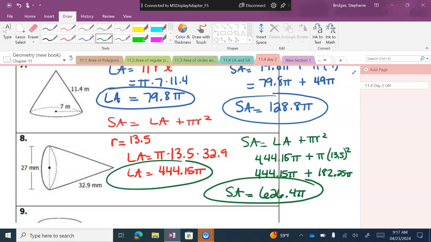Did you do this one? Number 7? Okay, everybody listen. Cross out number 2. Cross out number 4. Okay, don't do 2, don't do 4. And then look at number 7. Do you see how they have that base grayed out? And then under it, they have the big B equals. They're telling you the area of the base. So you don't have to worry about finding that. They gave that to you.